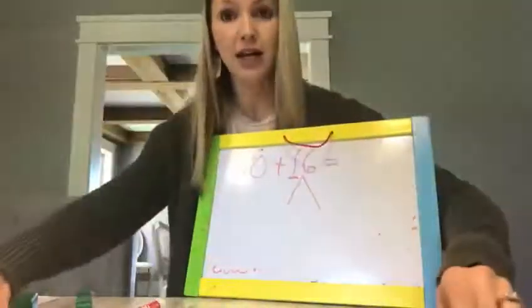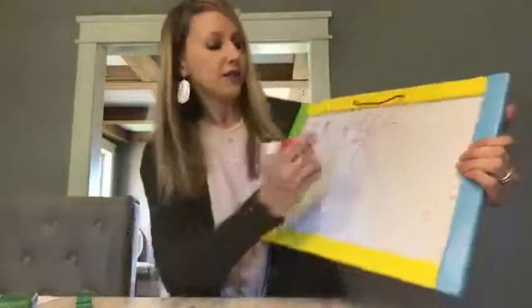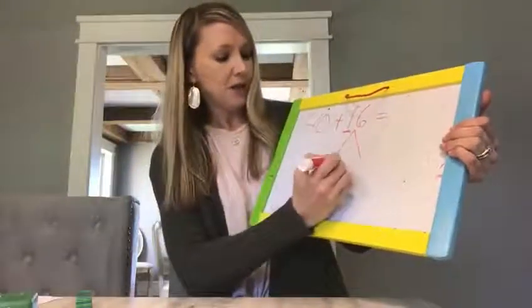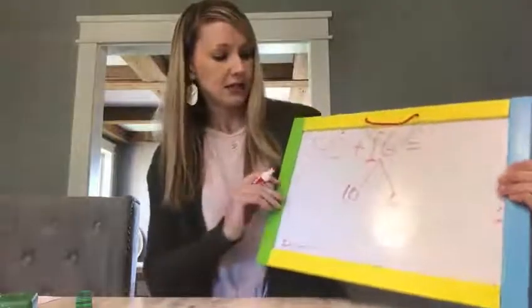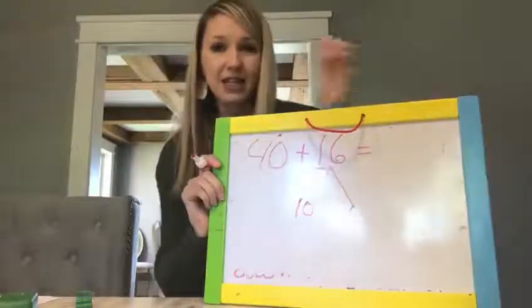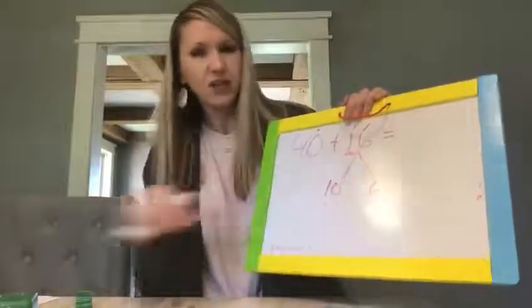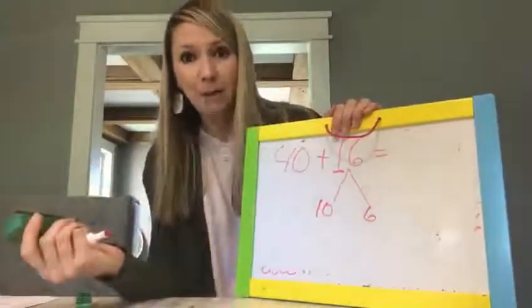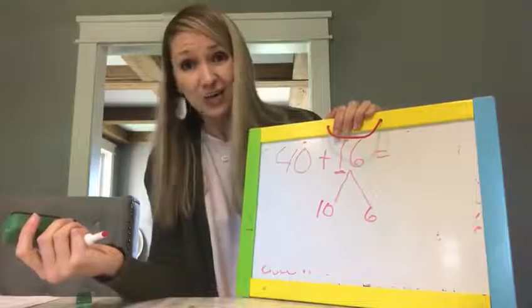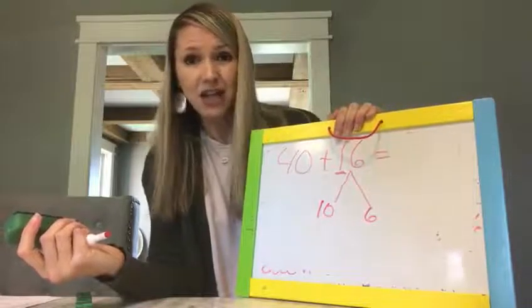So I broke that number apart. So I've got a 10 plus 6. Okay, so that might make it easier to figure it out, because then, or 10, we like to pretend like it's a magic number because it's easy to add with tens, so we kind of call it the magic number.